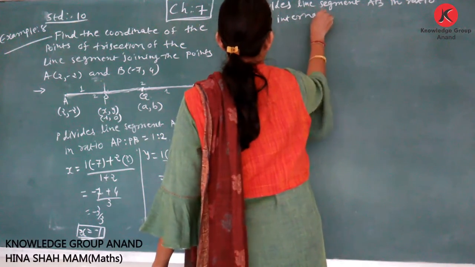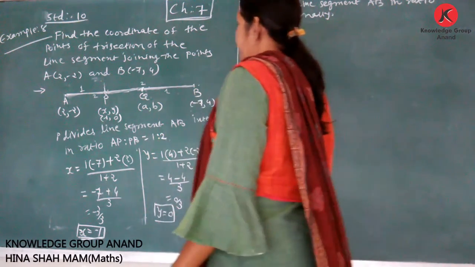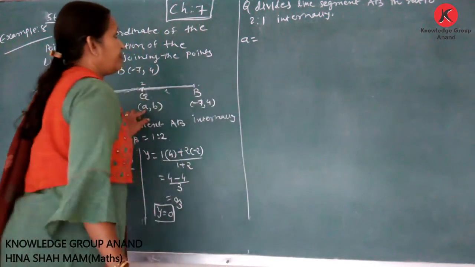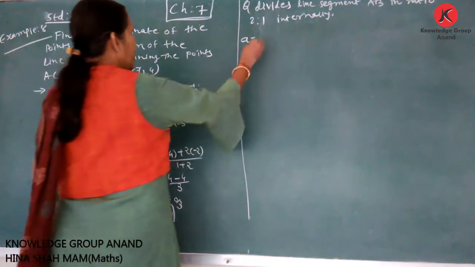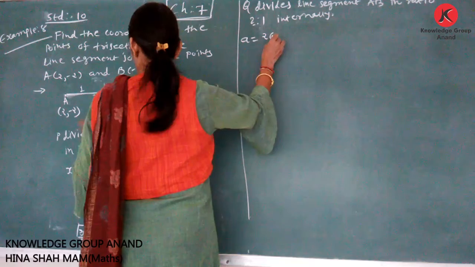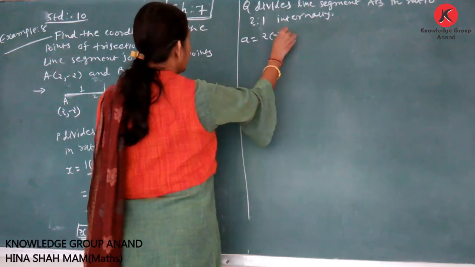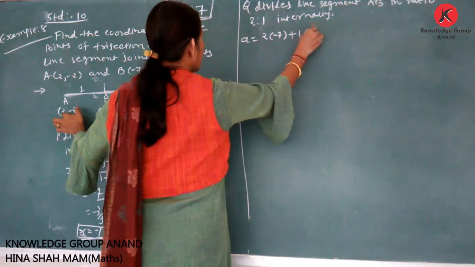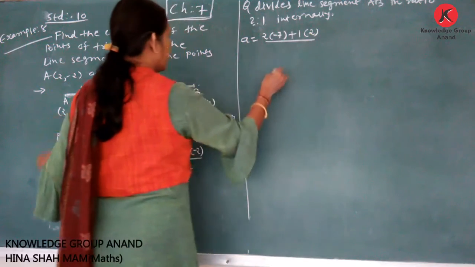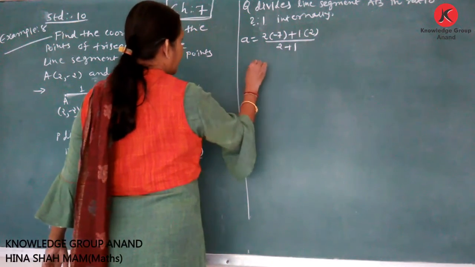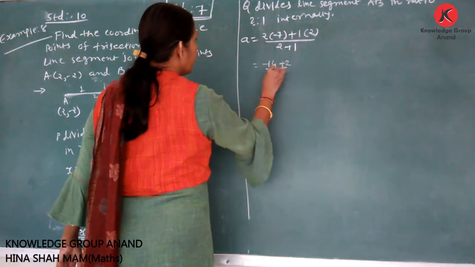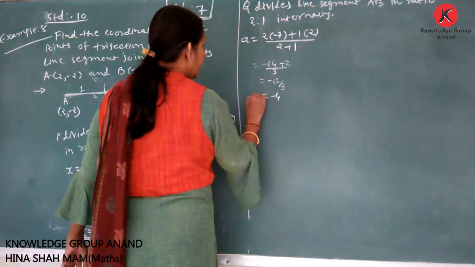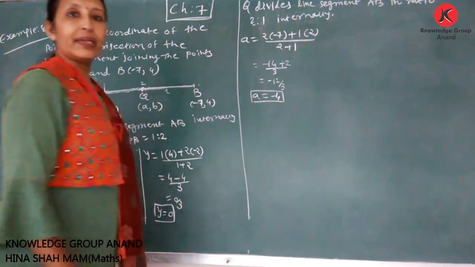We find here a equals (m1 x2 + m2 x1) upon (m1 + m2), which is minus 7 plus 2 into 2 upon 2 plus 1, equals minus 14 plus 2 upon 3, minus 12 by 3, equals minus 4. Here a is equal to minus 4.